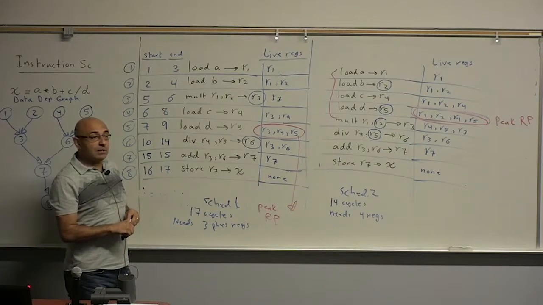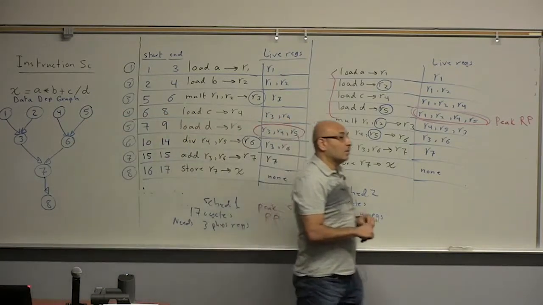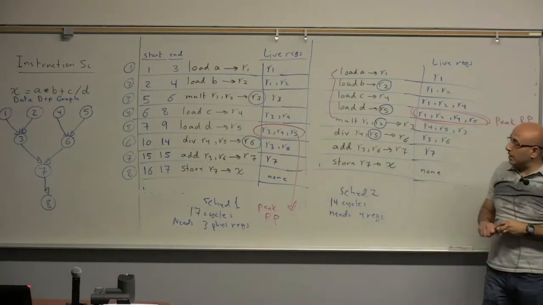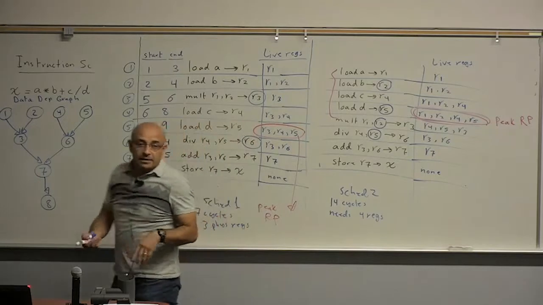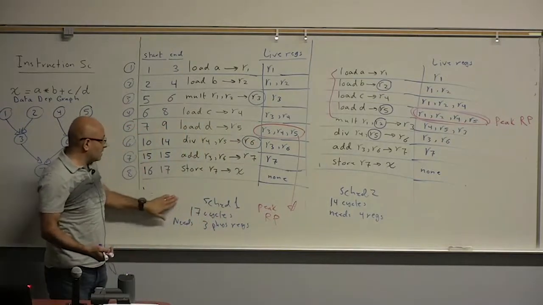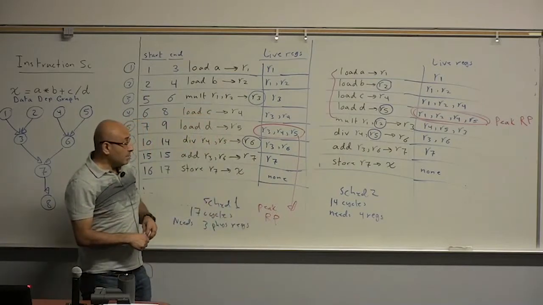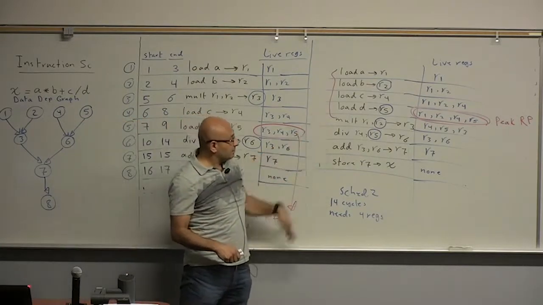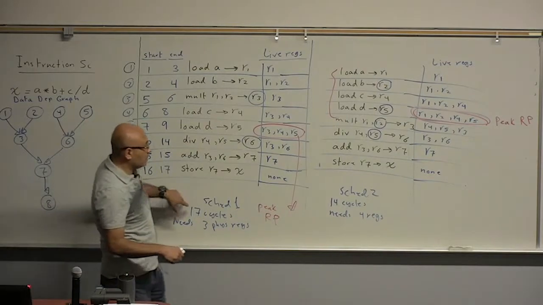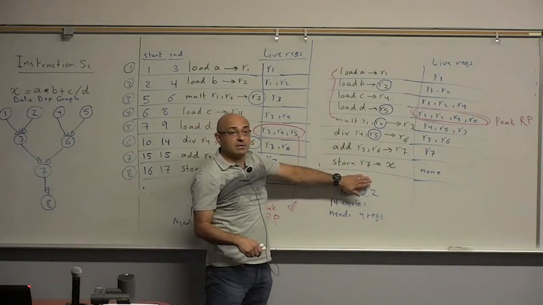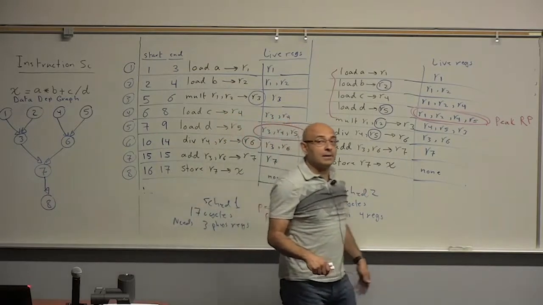Now, what does the compiler do? Should the compiler try to minimize the number of cycles and use more registers, or minimize the number of registers and use more cycles? Does that depend on the architecture of the processor?